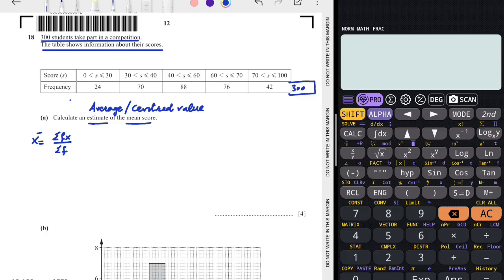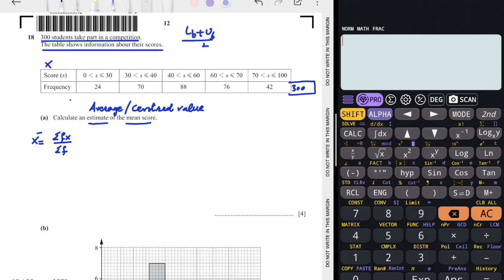Now to find out fx, we have to find the mid values. The first one is called the lower boundary and the second one is called the upper boundary, and the formula for mid values is lower boundary plus upper boundary divided by 2.